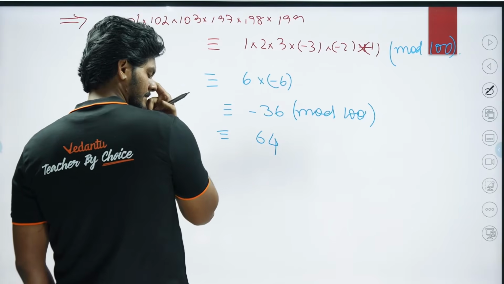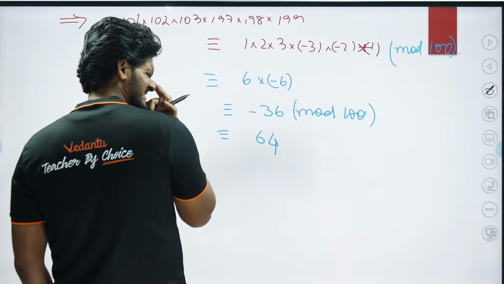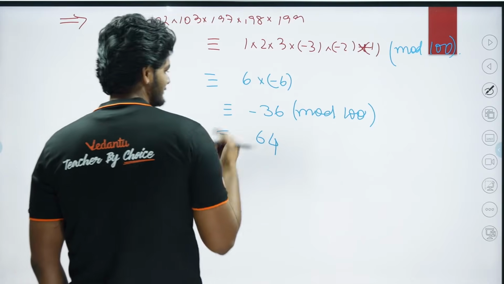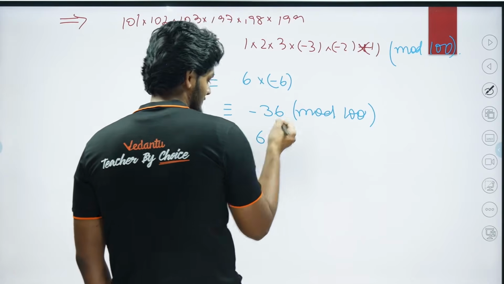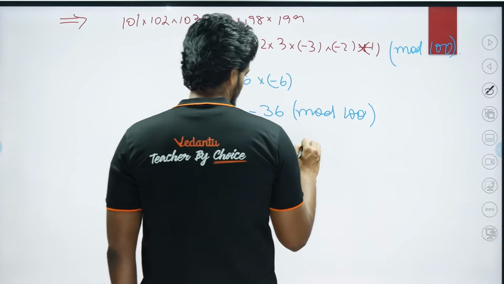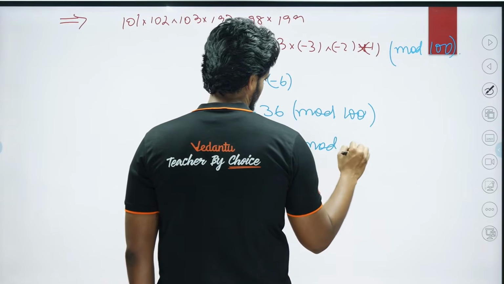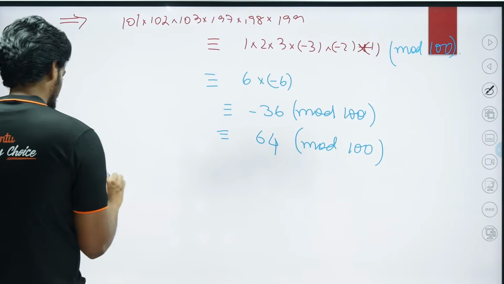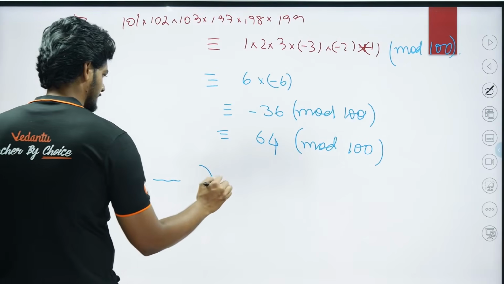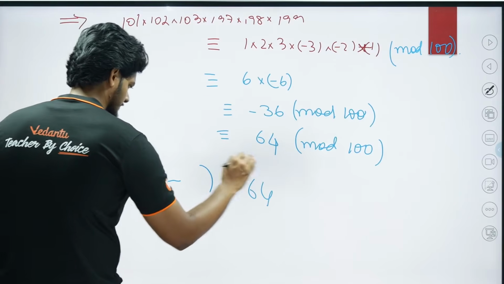Am I right? Yeah, 36 plus 64 is 100, right? Mod. So, last two digits of that number is 64.